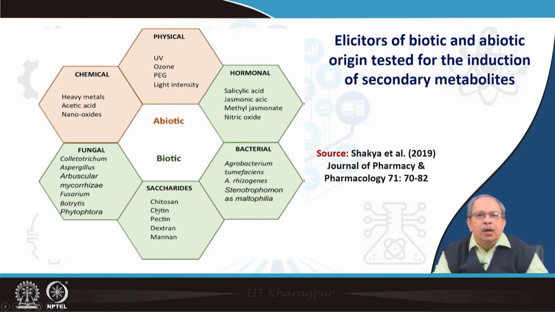Saccharides like chitosan, chitin and pectin can also be used. In addition, the cell cultures can be co-cultured with some bacterial species, which sometimes evokes defense responses, and you may get the desired metabolites at an uplifted level.